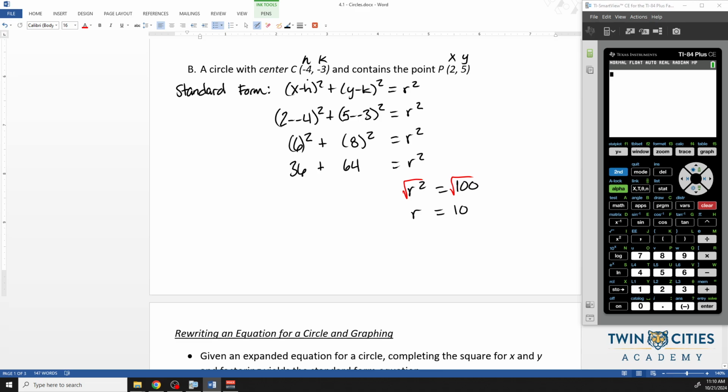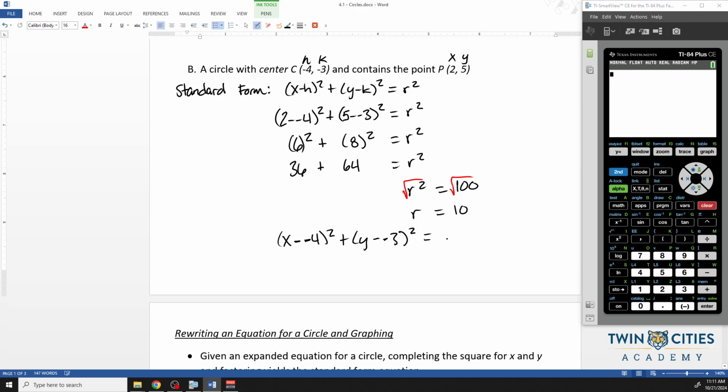Now that I've got the center and the radius, I can go ahead and fill in h, k, and r in the standard form. So that's going to be (x minus negative 4) squared plus (y minus negative 3) squared.